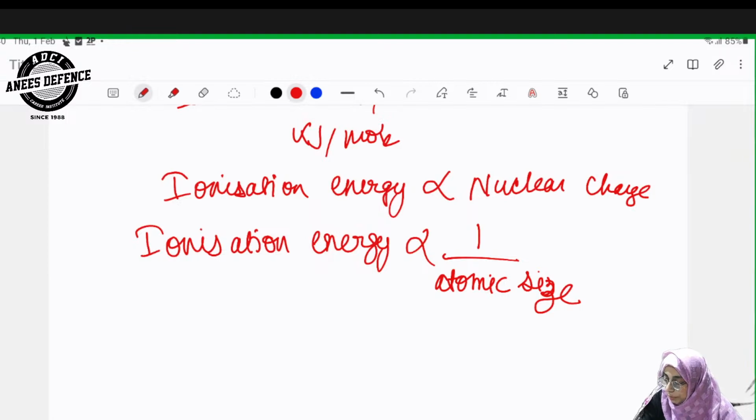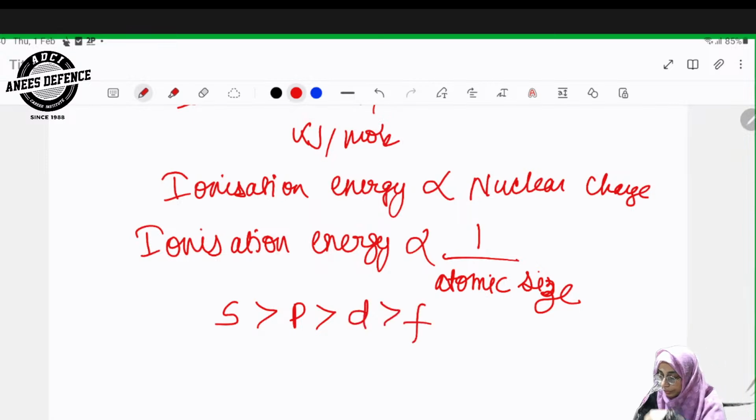The magnitude of the ionization energy increases in the following order: S, P, D, and S.